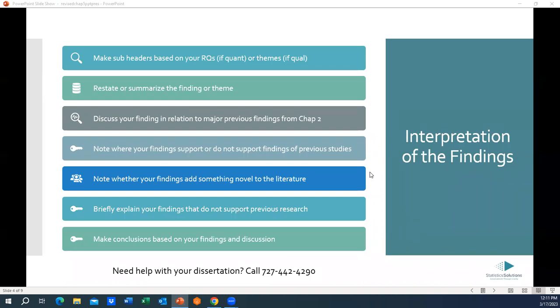But that's the idea with the interpretation of the findings. Subdivide it out, summarize what you found, and then discuss those findings in relation to major previous research that's found in your chapter 2. Or your theory. You can bring your theory in too, as needed, to help you with the interpretation.